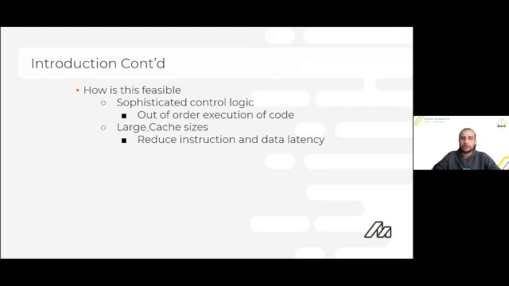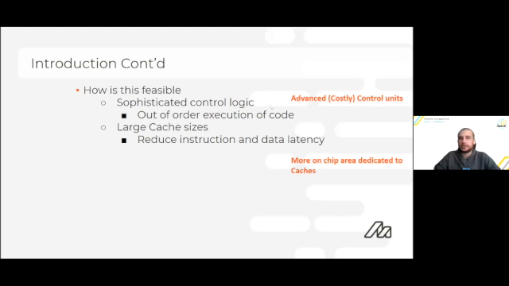And also, this would mean that they had requirements of large cache sizes to meet the fast sequential and out of order execution of code in order to reduce the instruction and data latency and improve data availability for CPUs.